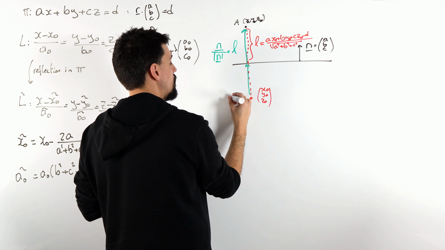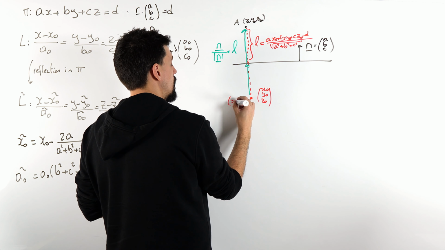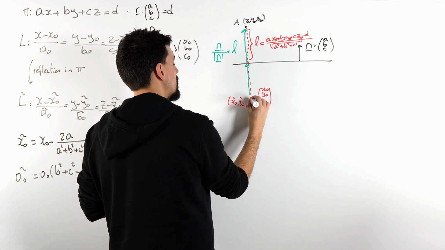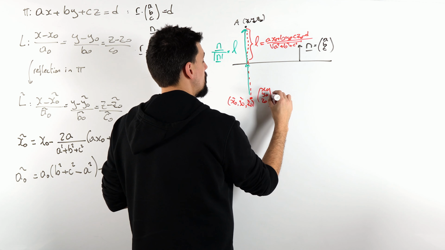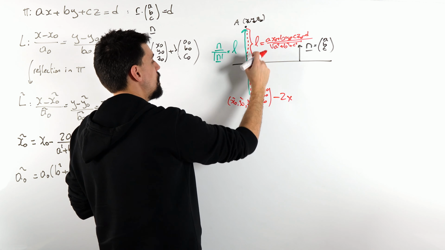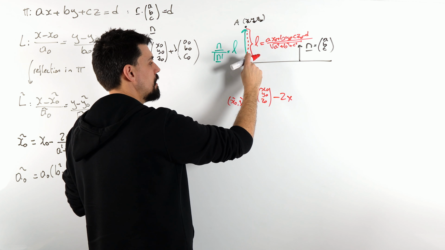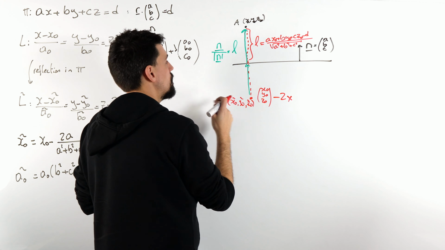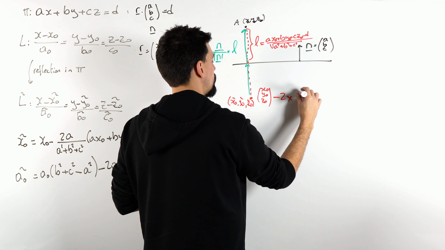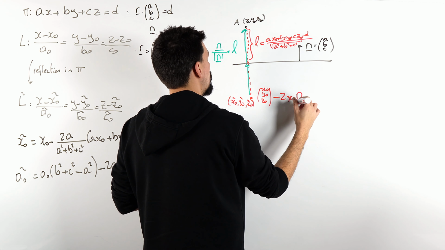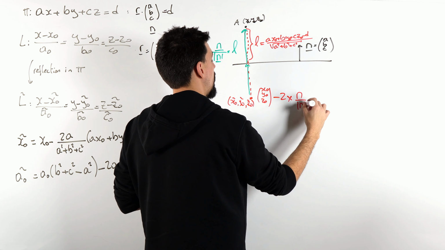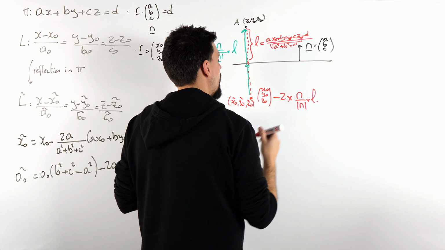This is my new x0 tilde, y0 tilde, z0 tilde, minus 2 times this green vector. So once minus the vector wants to get there, then minus the vector again to get there. So normal vector times mod n times the length.